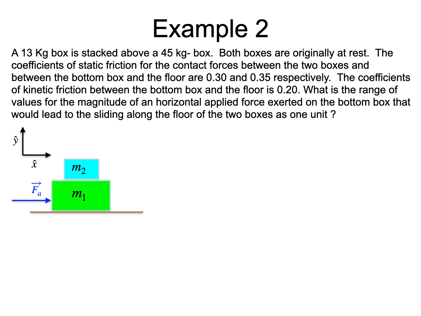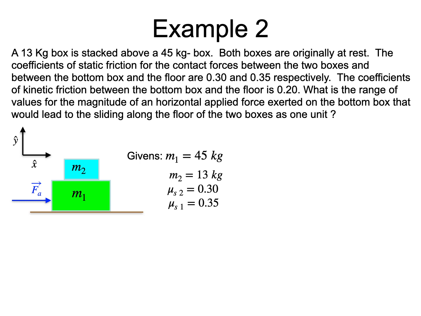First, our list of givens is the mass of the bottom box, the mass of the top box, the coefficient of static friction for the contact force between the two boxes, and the coefficient of static friction for the contact force between the bottom box and the floor. The subscripts 2 and 1 are used to differentiate between the two coefficients.